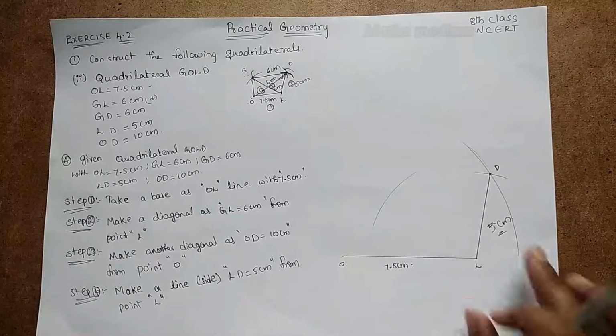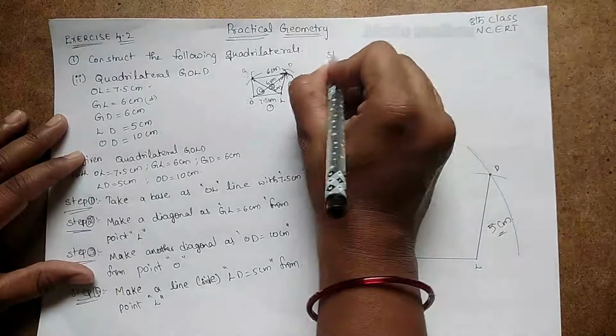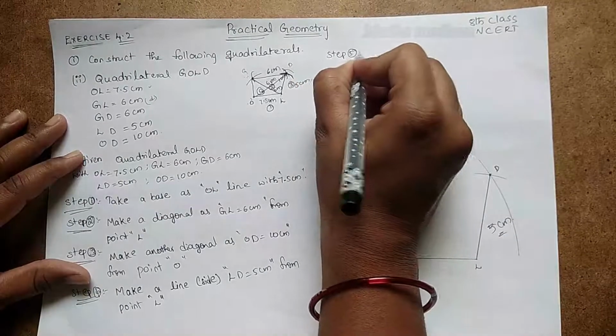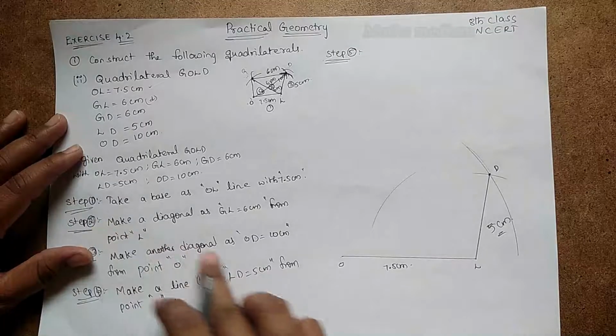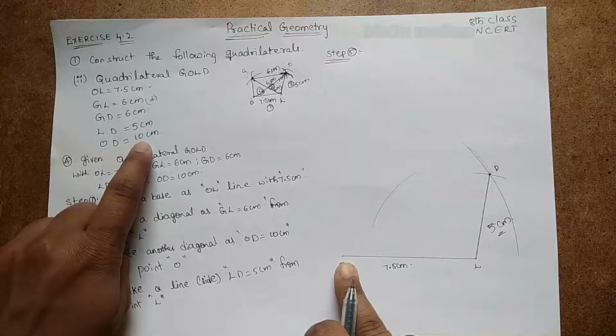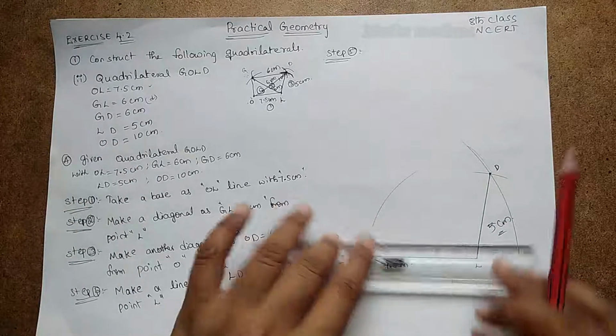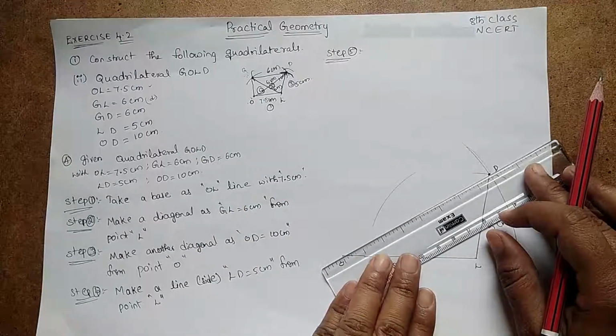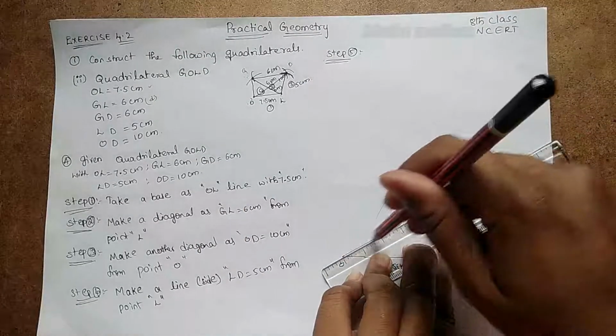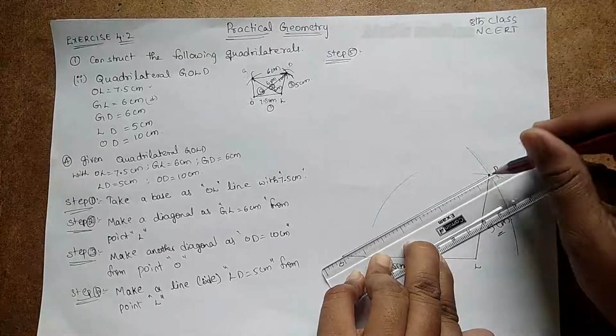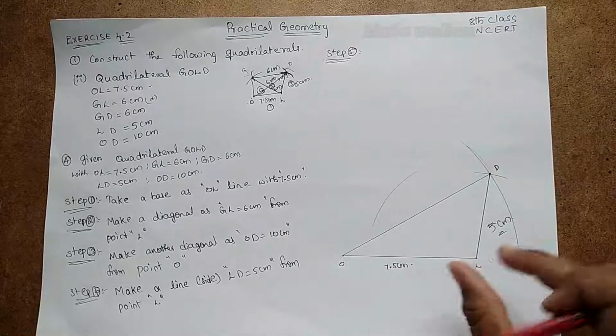This is now step 5. We have to construct OD. We already constructed it, so we get another diagonal. OD is equal to 10 centimeters, and join those two points also. Here we get one diagonal and two sides.